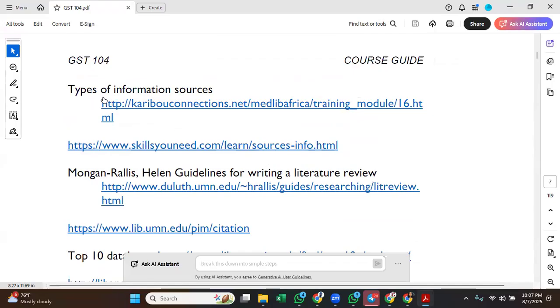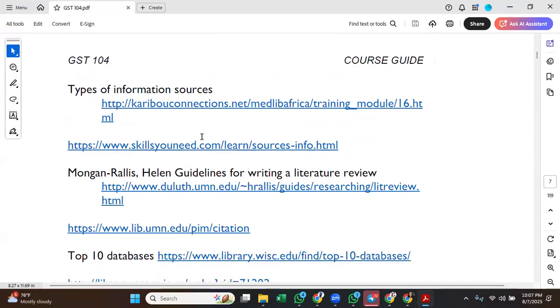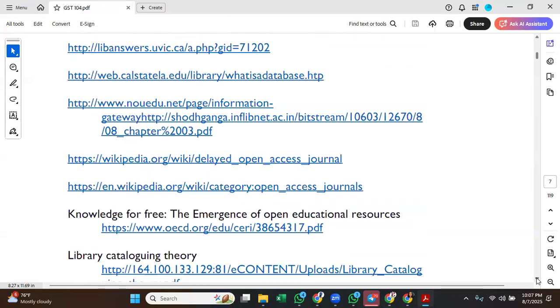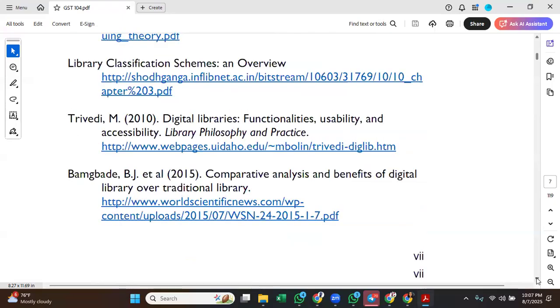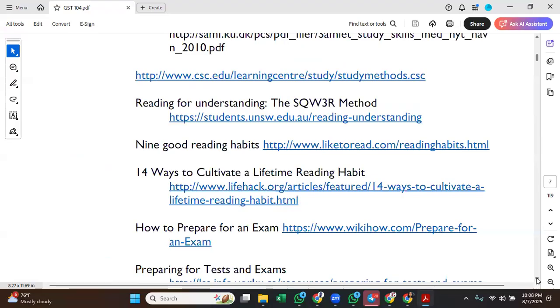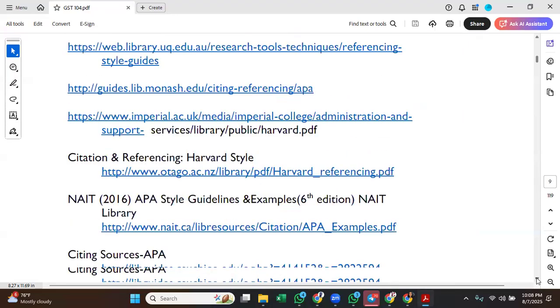Some of these links here are open source. You can click on them, check them out, and see what they talk about. Some of them you can find resources that will help you in writing projects, seminar, and the rest of them. So we will still get to that later on. But let's go straight to what we really have for tonight.